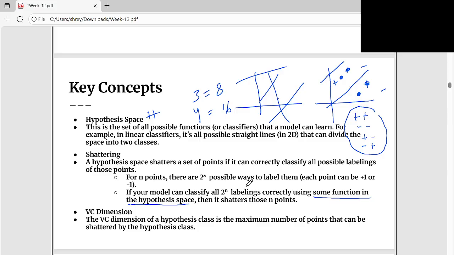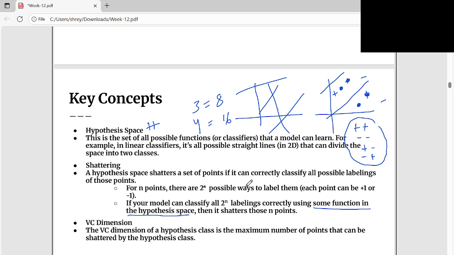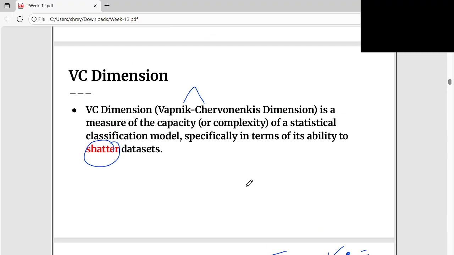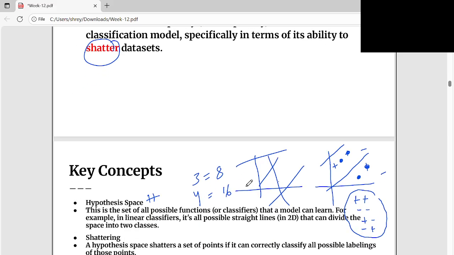Can you repeat it once? Okay. So basically, what we are discussing here is VC dimension. VC dimension is the measure of the capacity of a machine learning classification model in terms of shattering the data set. So what is the meaning of shattering?